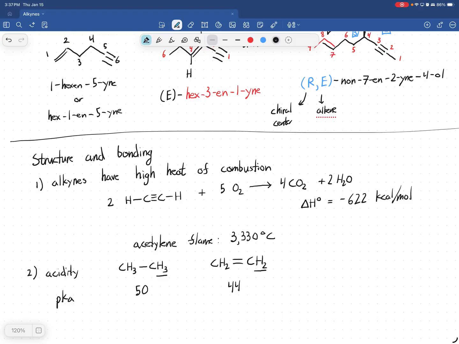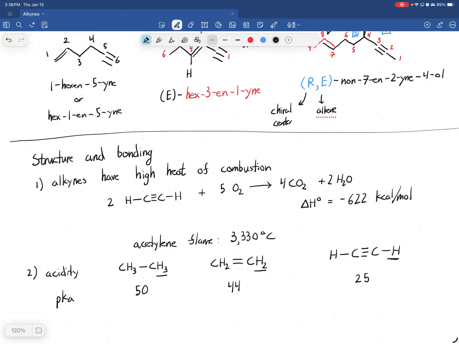But what's useful about alkynes is that the acidity actually drops considerably, and now it's in the realm of being deprotonated by a suitable base. So this H is actually acidic. It has a pKa of 25. So we can use reagents in chemistry to deprotonate that and make it useful.